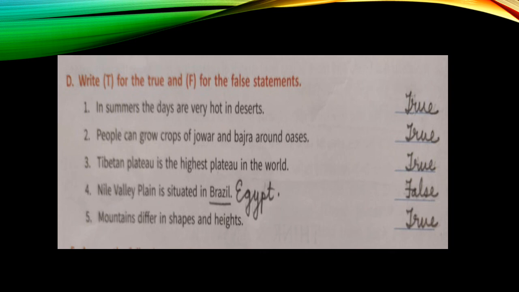Okay? So I hope you must have enjoyed this lesson. All these things you see around you, and it is easy for you to understand, because you have seen a mountain, you have seen rivers, you have seen plains, you have seen plateaus, and you must have seen desert. Actually, you must have seen, or you might have seen in pictures.